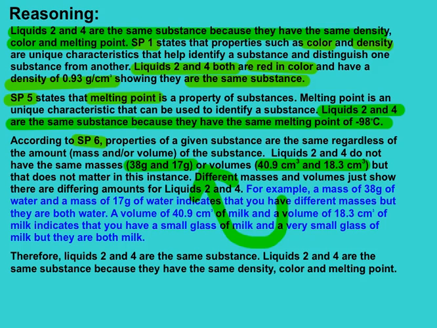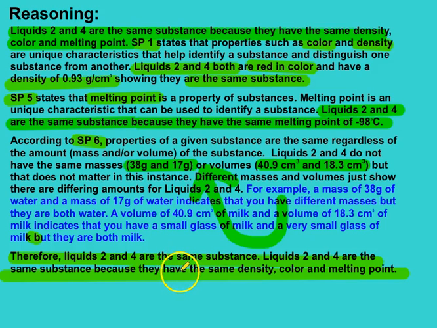Now here's a key part that a lot of people don't have. If I go back down here, this is what a lot of people don't have: a concluding statement. Therefore, liquids 2 and 4 are the same substance. Liquids 2 and 4 are the same substance because they have the same density, color, and melting point. So it ties everything you see up here together at the very end.